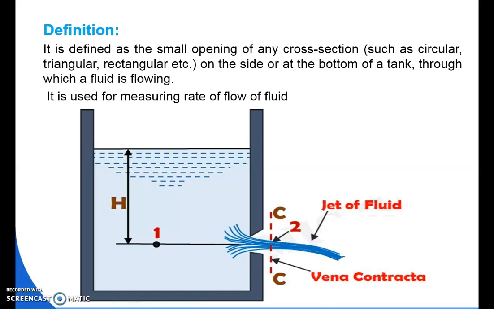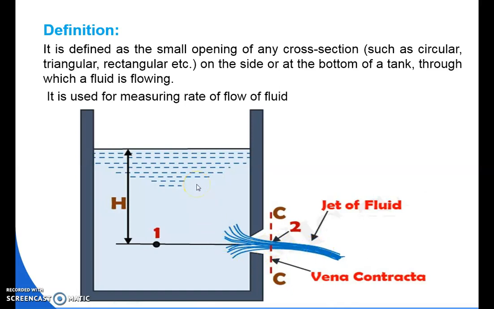Let's come to the first article, that is orifice. As shown in the figure, the head of water is H. This is the container, and the container has a hole at the bottom of the tank, through which the liquid passes.